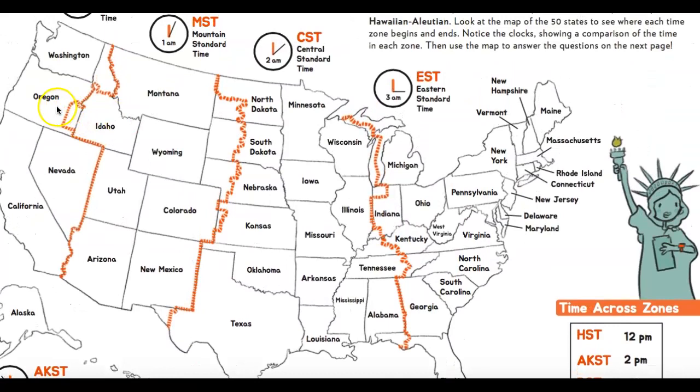Okay, if it leaves California at 7 a.m. and lands in Massachusetts, which is the Eastern time zone right here, at 3:30, well, there's a 3-hour difference. So we have to go back 3 hours from 3:30. So 2:30, 1:30, 12:30.